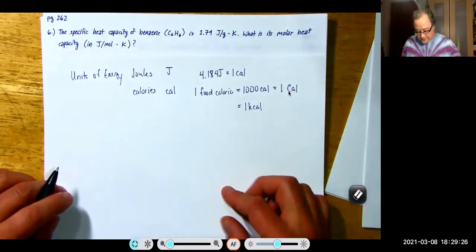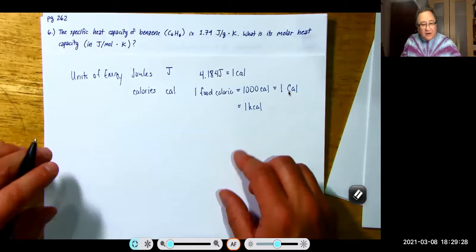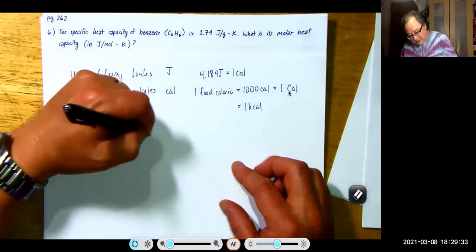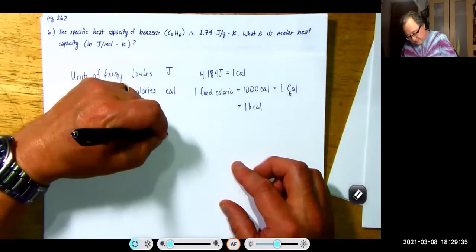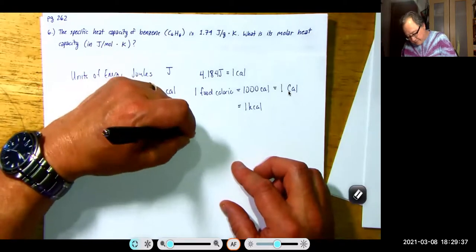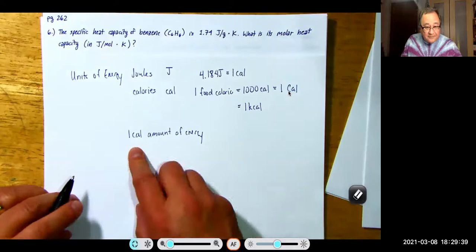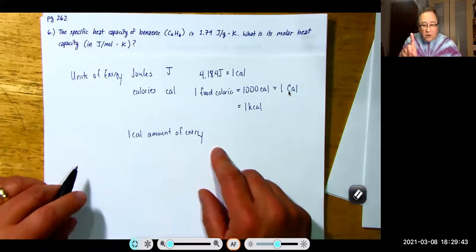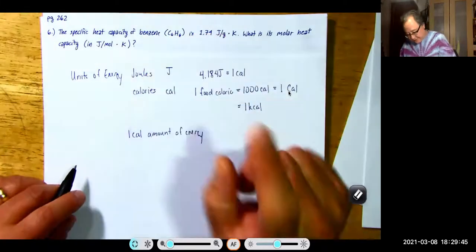Okay. Now, there's also the definition of a calorie. 1 calorie is the amount of energy needed to heat 1 gram of water by 1 degree Celsius.